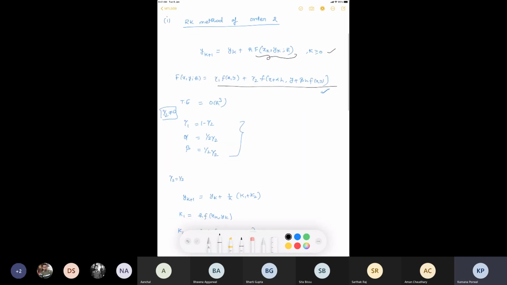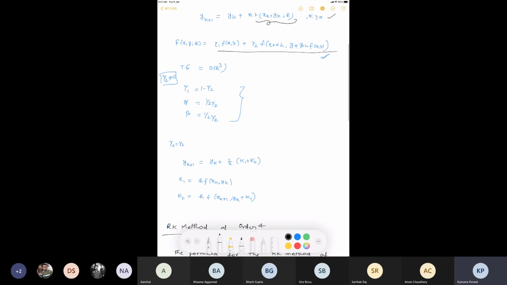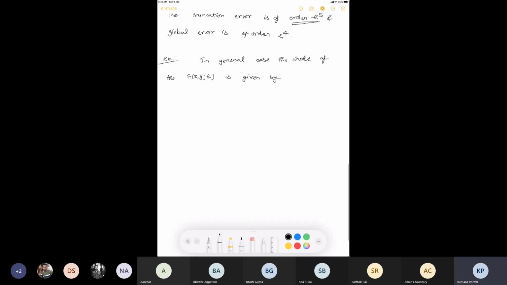Okay, so let's write down the slope we are going to consider. Let me write it in the form of summation, because I'm writing it for the method of order p, RK method of order p.